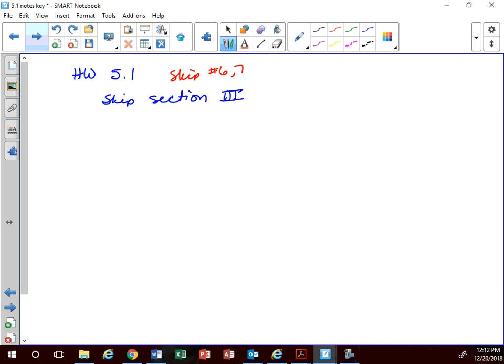Yep. I'm going to have you skip section 3. So this is just graphing those again. It's not like your graphing unit where you're going to have to graph these and shift them and stretch them. None of that stuff is happening. The graphs are just to make you aware of why we restrict the windows. Okay? Then there is a third page of it, so I do want you to do all of this page. If you look at questions 5, 7, 9, and 11, do you see how those are just basic algebra equations?